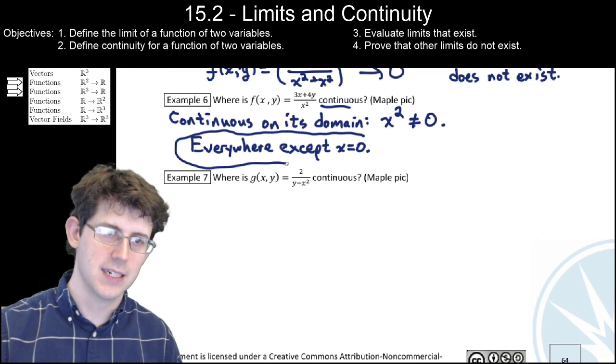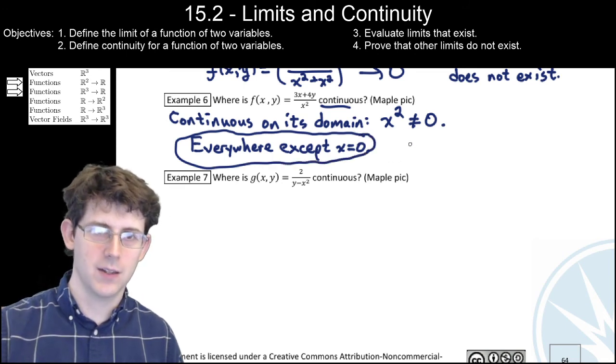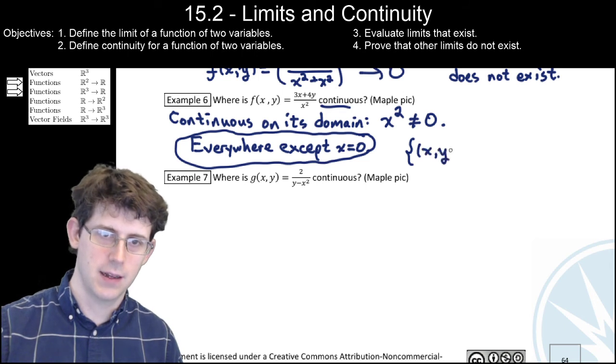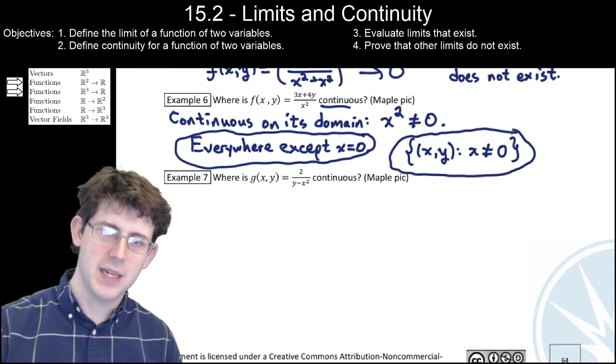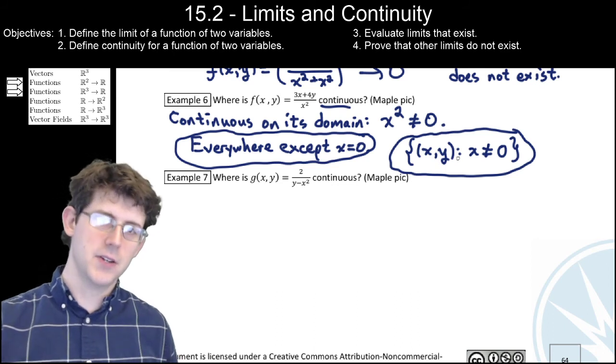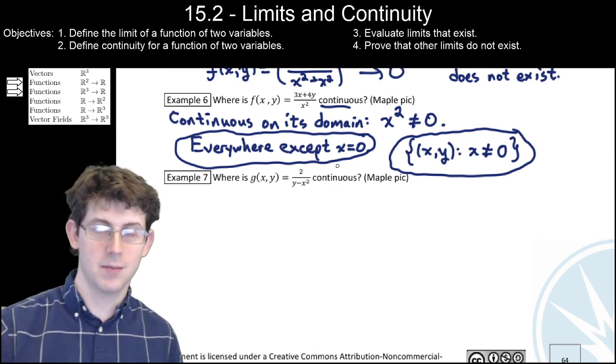So this is a fine answer. A more technical way to write it is you say, I want the set of all the points such that x is not 0. So you basically have to decide to either learn the technical notation or write words. They're both fine for me.